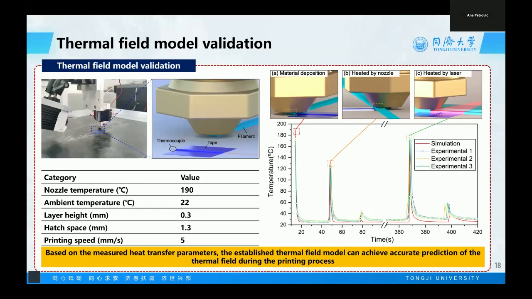Based on the measured heat transfer parameters, the established thermal field model can achieve accurate predictions of the thermal field during the printing process. And from the left figures, we can see that the thermal field models captured the three temperature peaks caused by the material deposition, the material heated by the nozzle, and the material heated by the laser successfully.